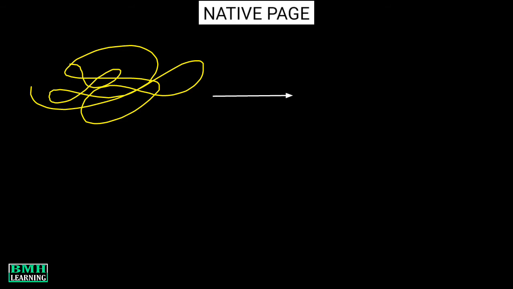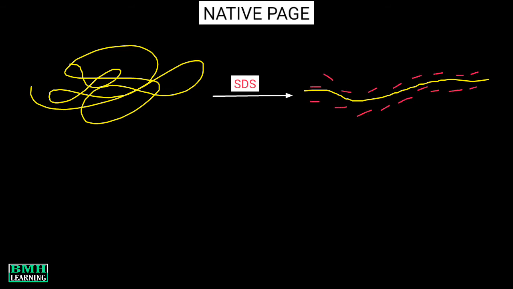Now, when we treat the protein with SDS, it edits the protein in two ways. The SDS breaks the interactions and forces which are holding the protein in what we call a 3D conformation into a linear form. The second function of SDS is that it imparts negative charge to the protein.